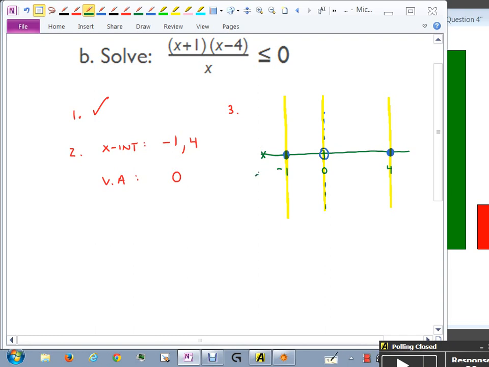Something like negative 2 over here. Negative 1/2, you could say 0.5. Something like maybe 1 in here. And 2, 3, 4. No, I can't use 4. 10, you want me to use 10? Okay.